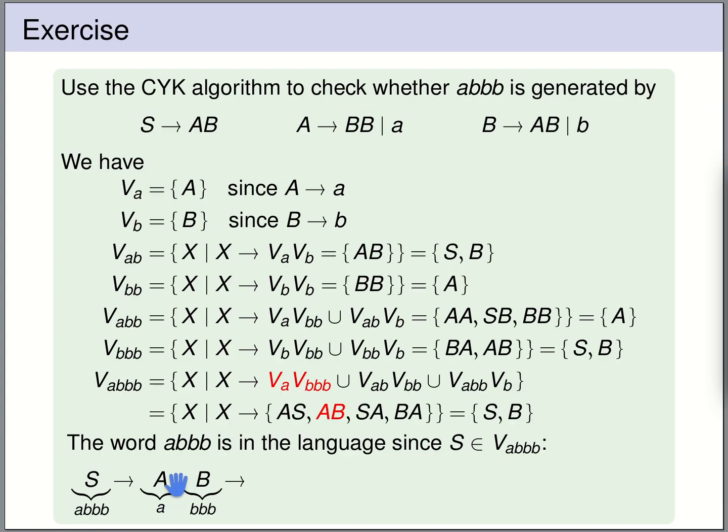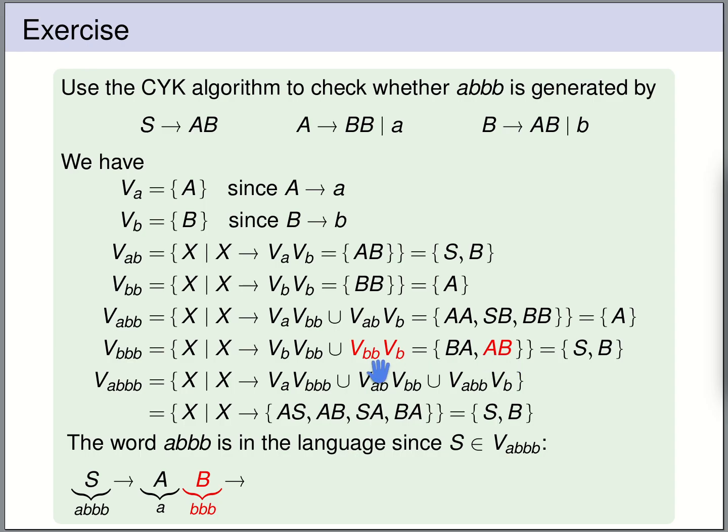So from the variable A to the terminal A, it's obvious what rule we are going to use. So let's have a look at how we get from B to BBB. In order to figure this out, we look at the set VBBB. How did we end up with B in this set? We ended up with B in this set because we have a rule B goes to AB and we have AB here.